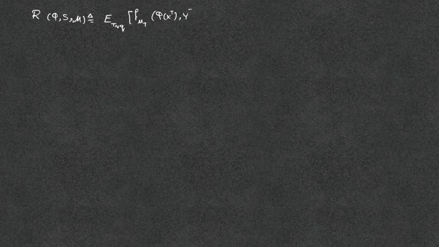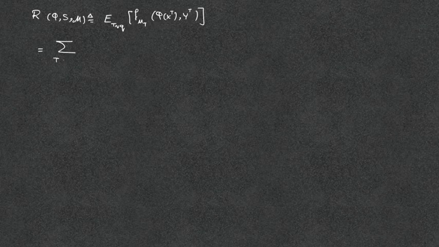Now we can write as follows. The definition of representation bias of phi in S with respect to model family M was this average, which in turn can be written as for all subsets.